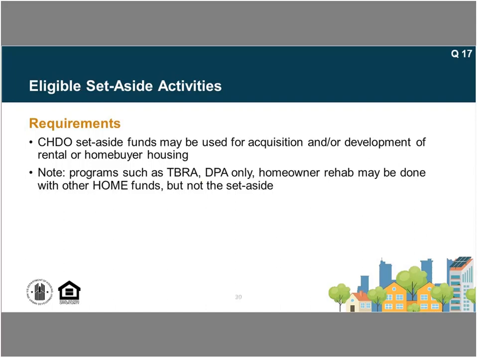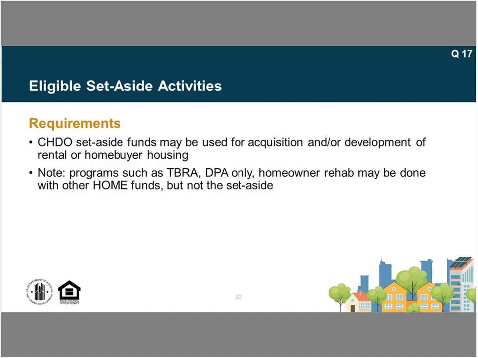I mentioned that the eligible set-aside activities were for acquisition and/or development of rental or homebuyer housing. I should note that some activities that are eligible under HOME are not eligible for the set-aside. Those are the things that we call programs or subrecipient activities, like tenant-based rental assistance, that's TBRA, down payment assistance only programs, that's DPA, and homeowner rehab.